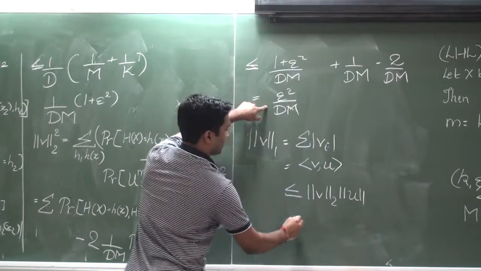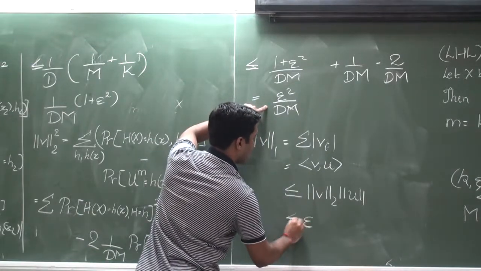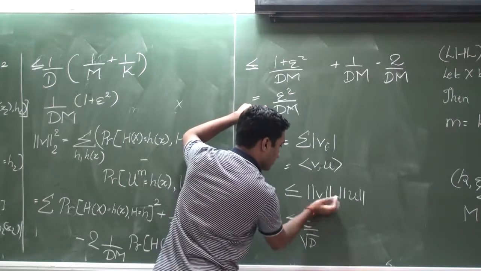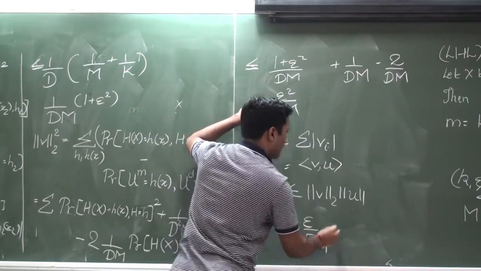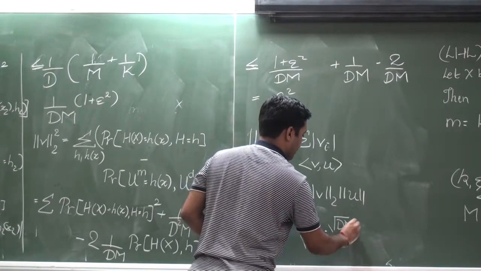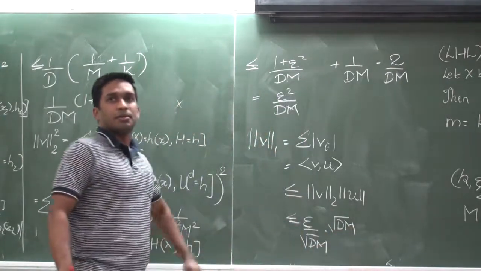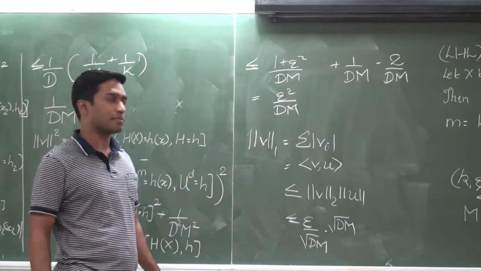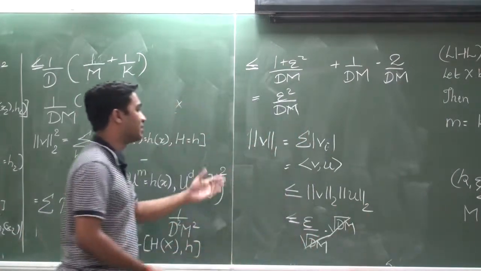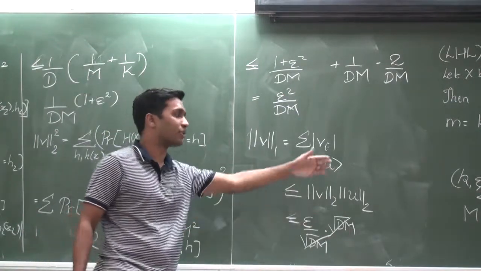V is bounded by epsilon square by dm. This one's length is dm. And the statistical distance is this divided by 2, so we get an extra bit.